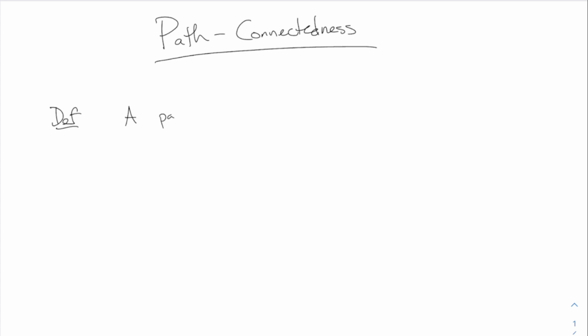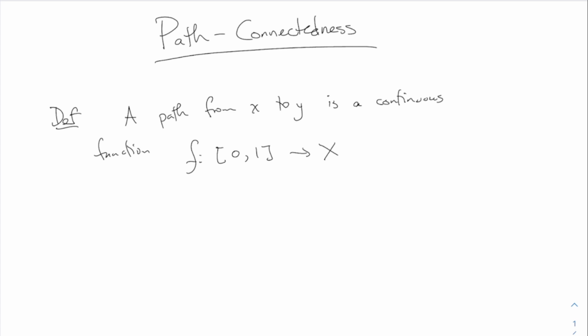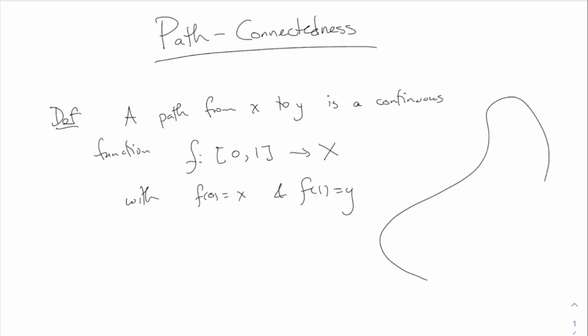A path from X to Y is a continuous function f that goes from the closed interval [0,1] to X with f(0) equals X and f(1) equals Y. So the way to think of this is, here are my two points.